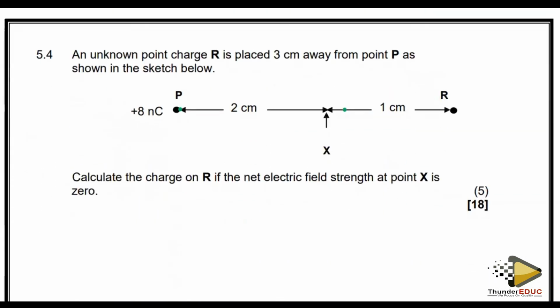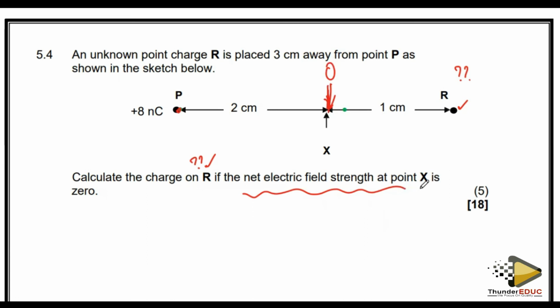Then 5.4: we have an unknown charge R placed 3 meters away from an unknown charge, as shown. They are telling us that the charge on R is what we need, if the net electric field is zero.